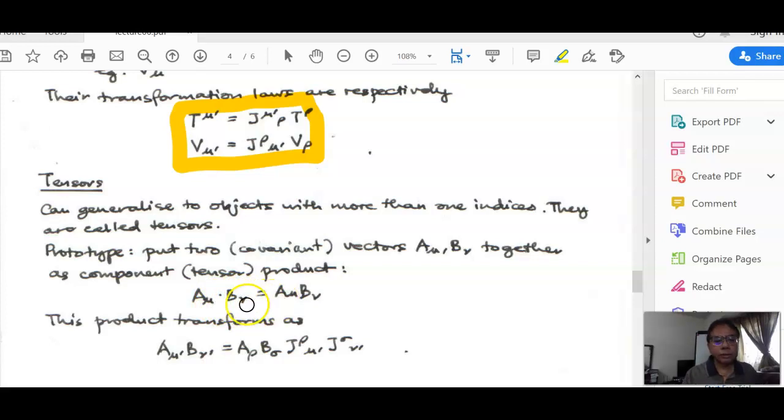You can have the product a_μ b_ν, and since we know how the covariant vectors transform, we can go to the new, dashed coordinate system and see that this tensor product between the two covariant vectors will transform in this way. It's just a multiplication of the inverse Jacobian that we had earlier.